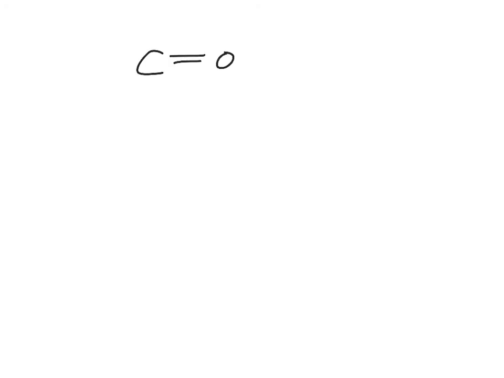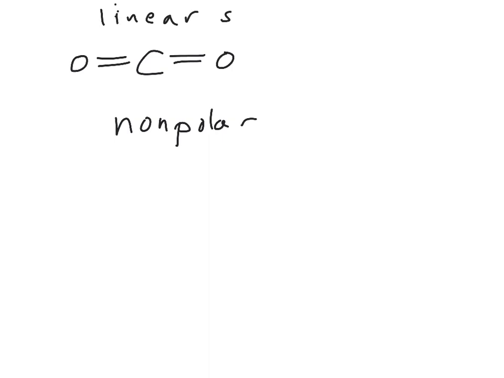Carbon dioxide is nonpolar. The reason it's nonpolar is because of its shape. Carbon dioxide exists as what's known as a linear molecule. It has a linear shape. The carbon and the oxygens are all right there in a line, just like that.